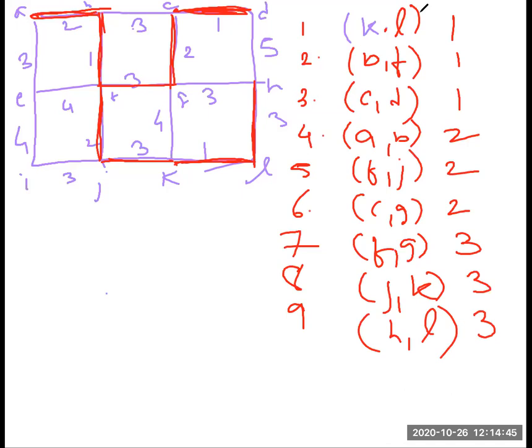Now I cannot select G to H because it will form a circuit. So I'll go to the next edge of weight 3. Either I can select J to I, or A to E. Let's say I select A to E of weight 3, and I can select J to I, which is of weight 3.